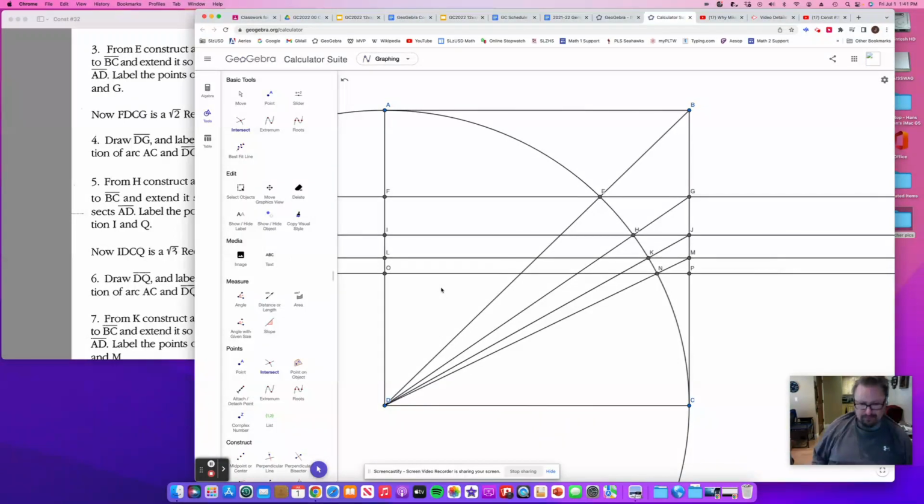Okay. So these are all dynamic rectangles, root 2, root 3, root 4, and root 5. So I need to make my measurements.